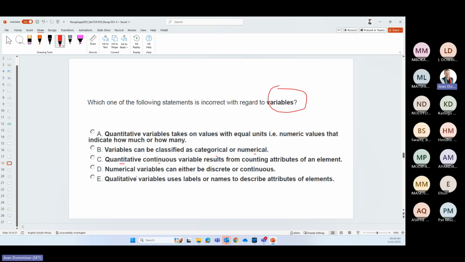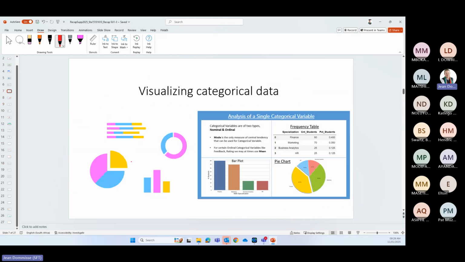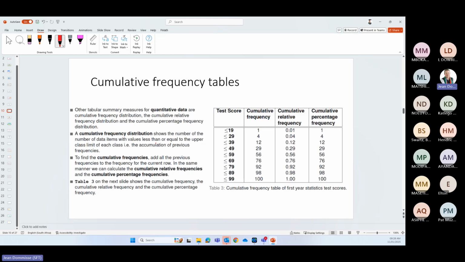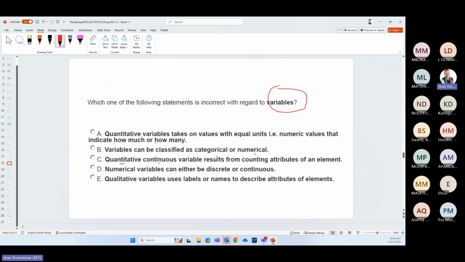And then you will also see here they talk categorical, numerical, and in the next question they talk quantitative. So again, from that diagram, they talk numeric, categorical, and then they use the other terms as well. So realize and link those two together, that it's not new terms or new things that they bring in.